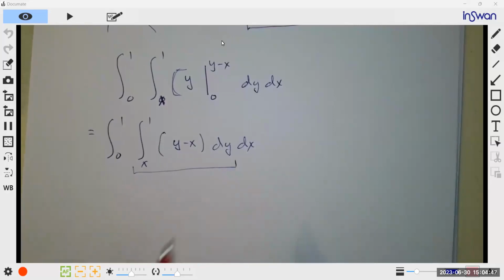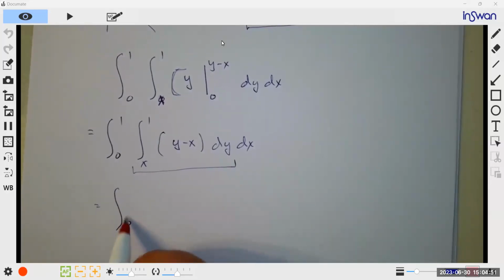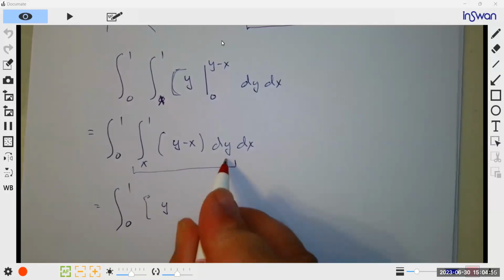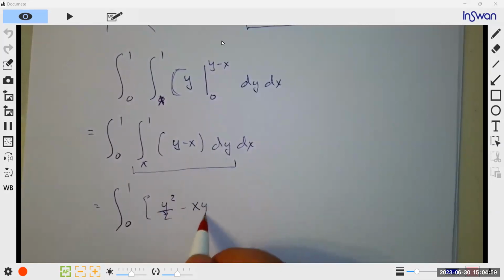Next, we've got to do it with respect to y. So the integral of y with respect to y is y squared over 2. The integral of x is xy.